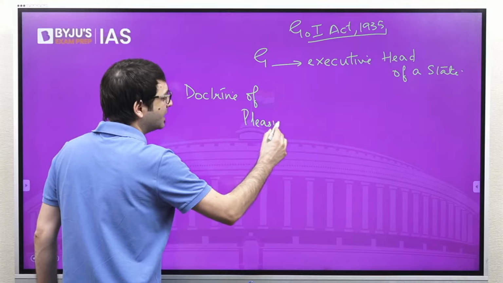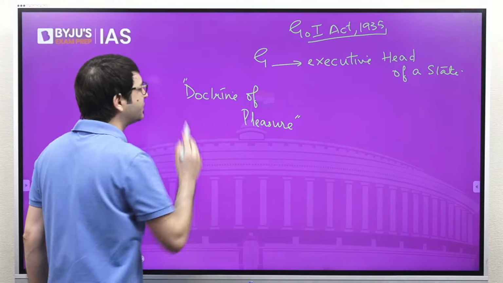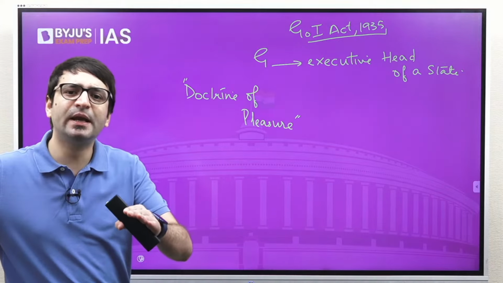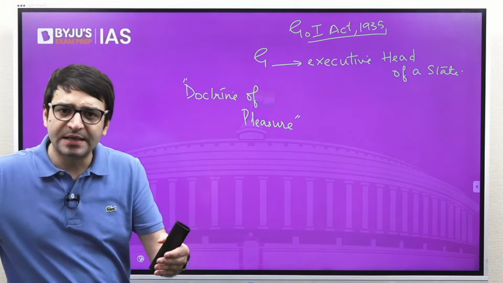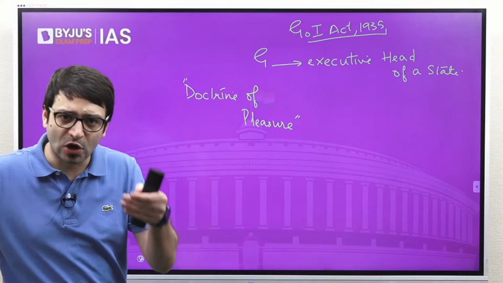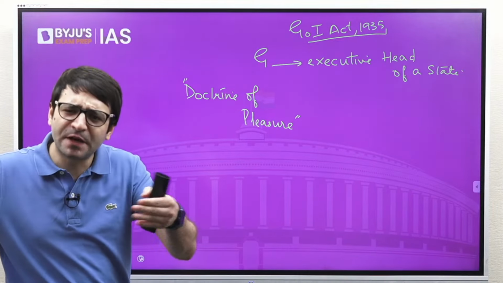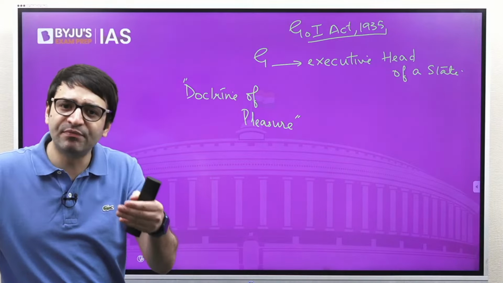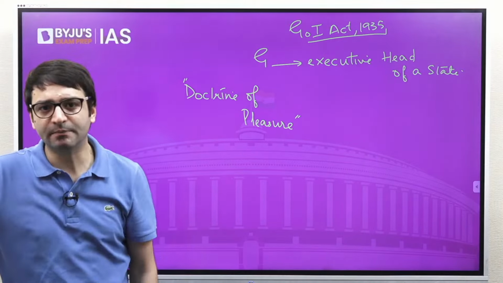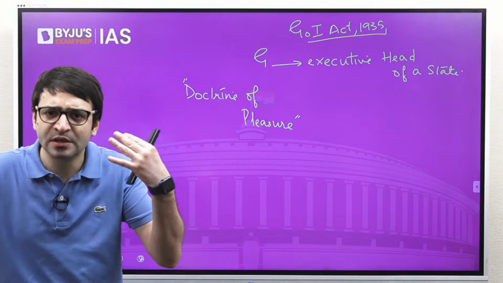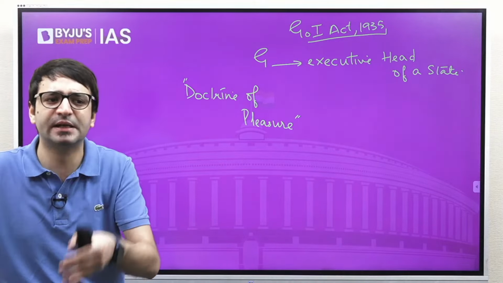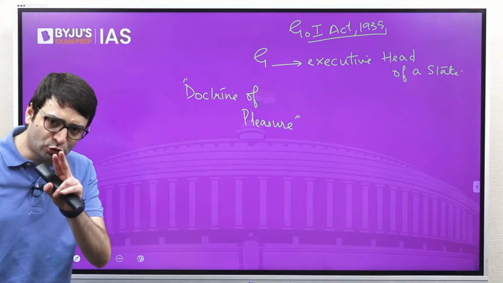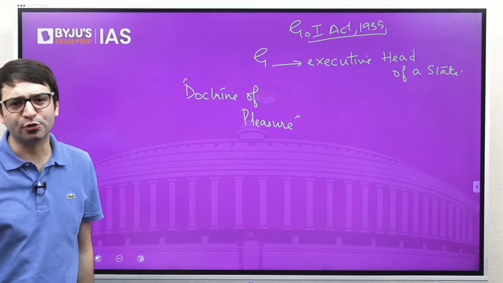This is what we know as the doctrine of pleasure, which means the governor continues to remain in office as long as he enjoys the pleasure and confidence of the president, which effectively means the pleasure and confidence of the central government, because it is the central government which advises the president as to who should be the governor of a particular state. And there are two qualifications mentioned in the Constitution, just two.